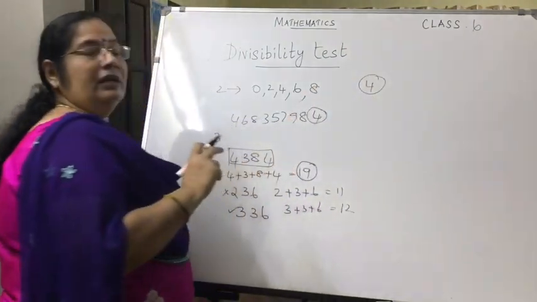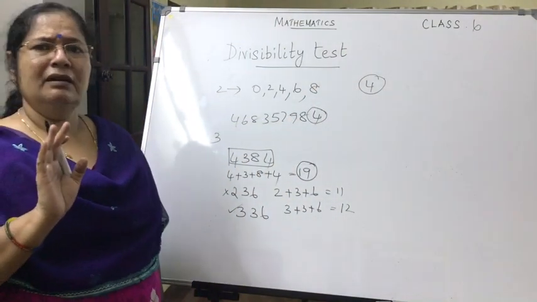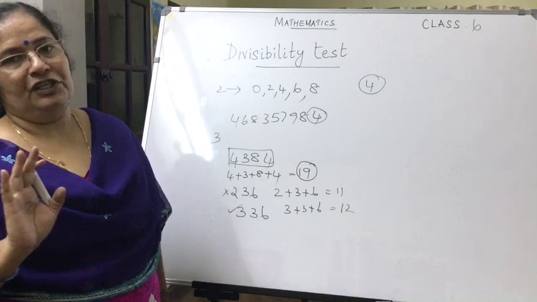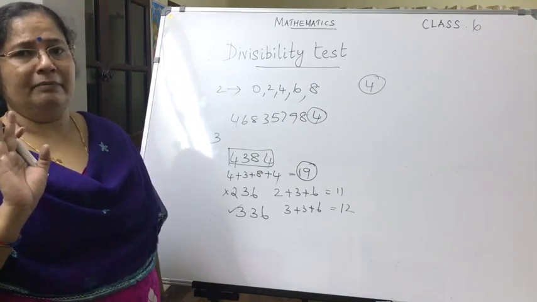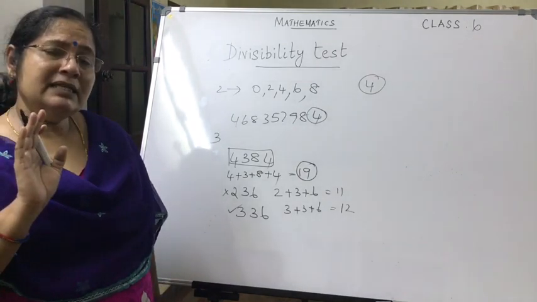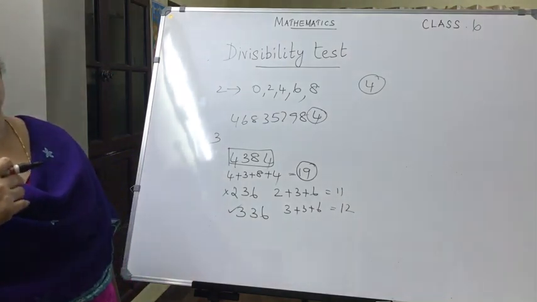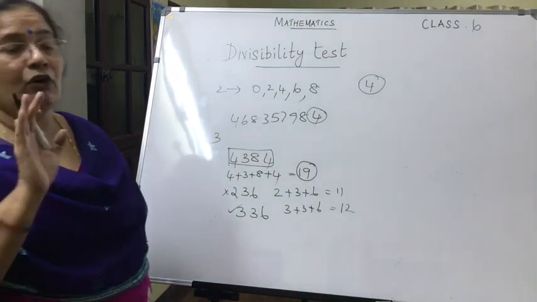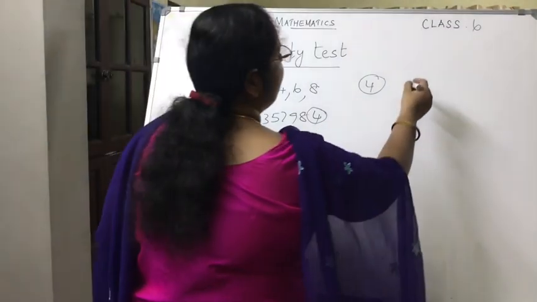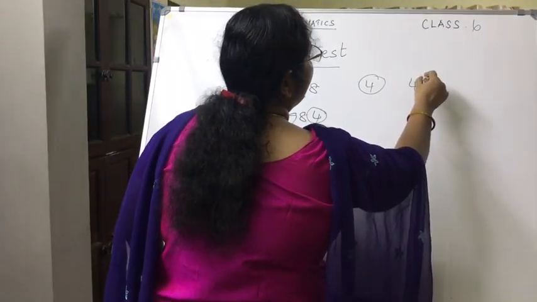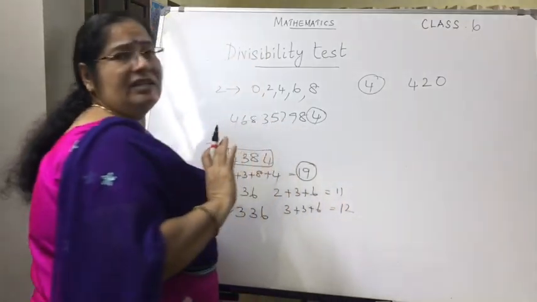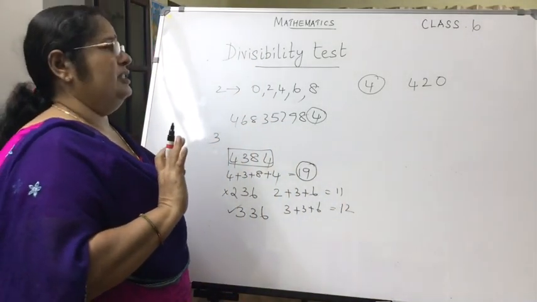Divisibility by 4: if it is only a 2-digit number, you will go by normal division. For numbers having 3 or more digits, suppose it is, say, 420. It's a 3-digit number.